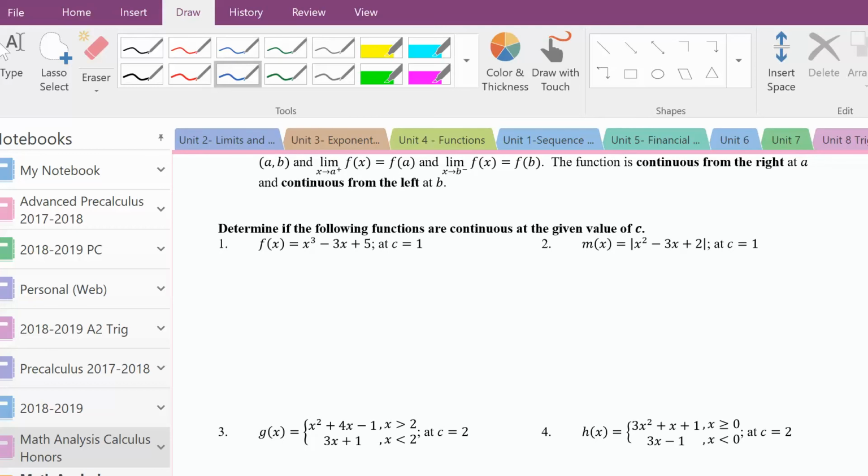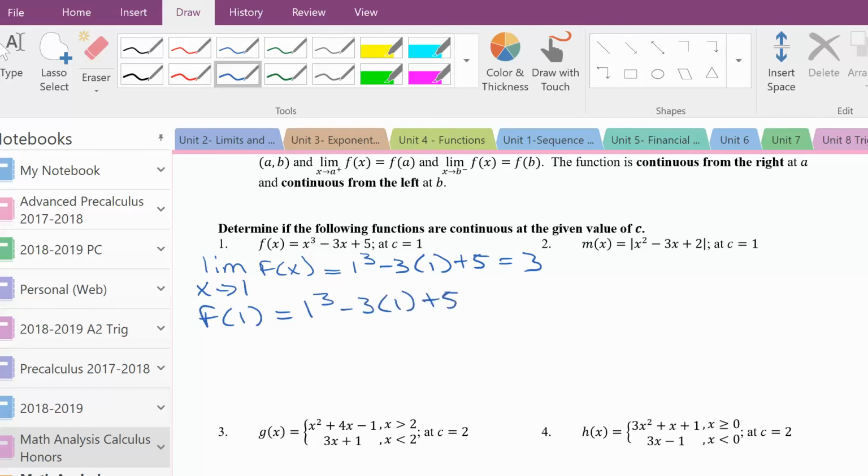So to figure out if a function is continuous at a certain value, for example here at c equals 1, first we have to find the limit as x approaches 1, which means we can directly substitute in. And we get 3. F of 1, when you put in 1, is also 3.